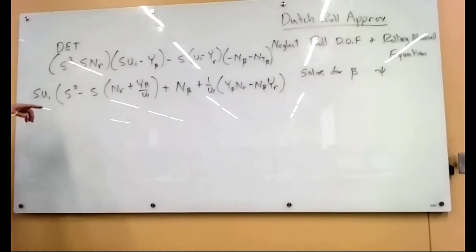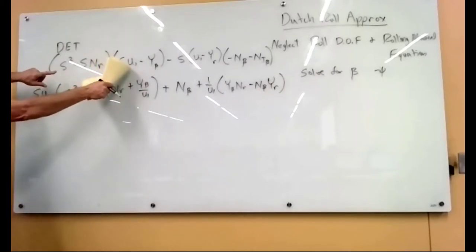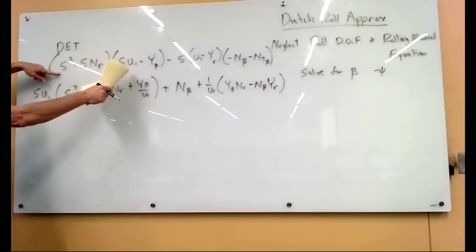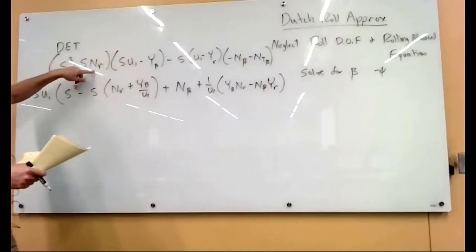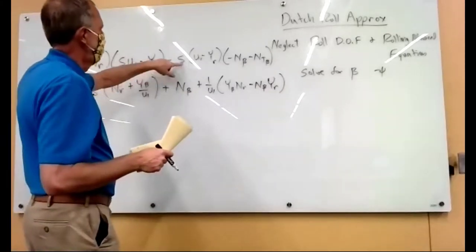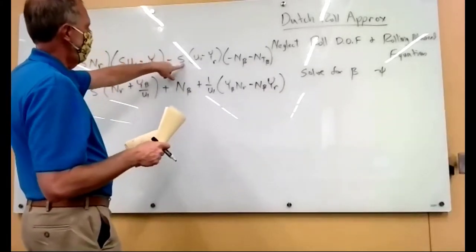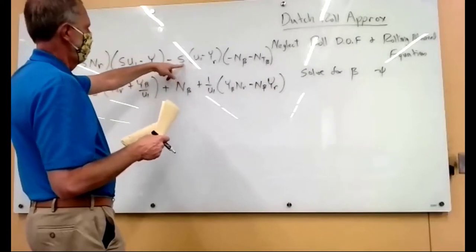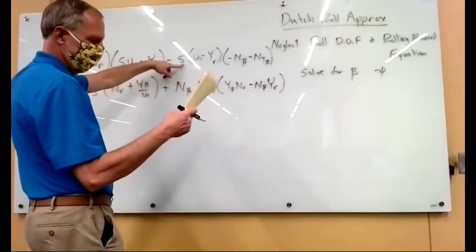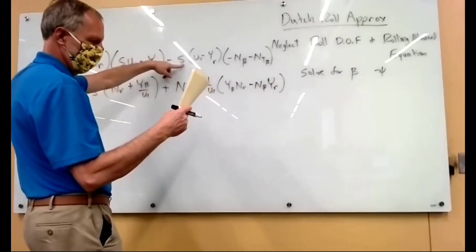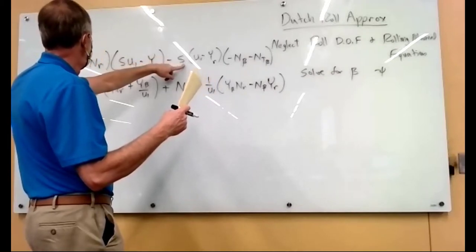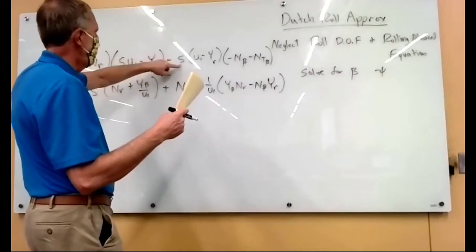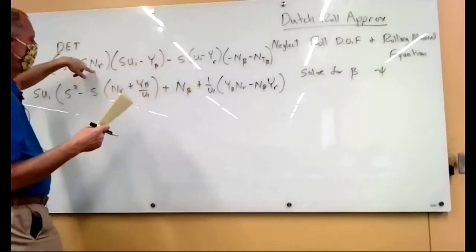So you get the S squared terms come from this thing here and this thing here. And then the S terms come from the NR. And we pulled this S out. Did I lose an S somewhere? Oh, you get it from the NR here.